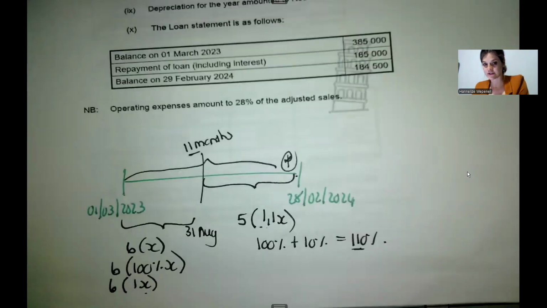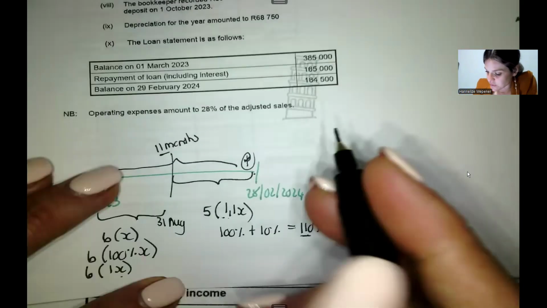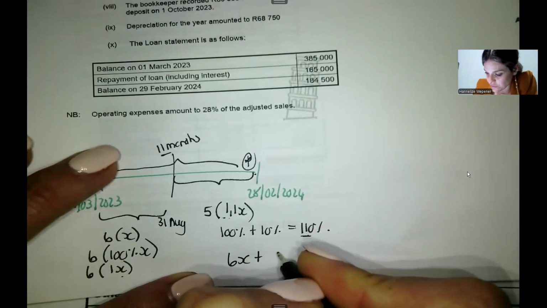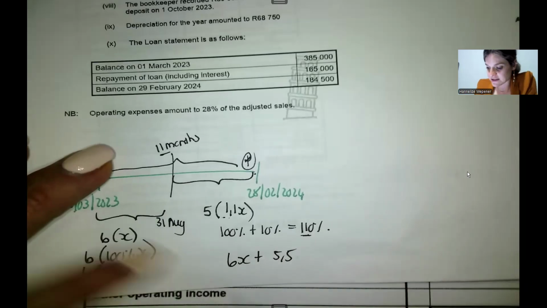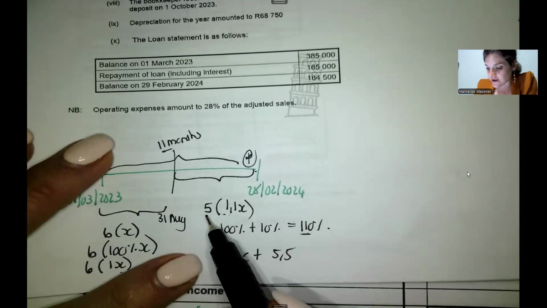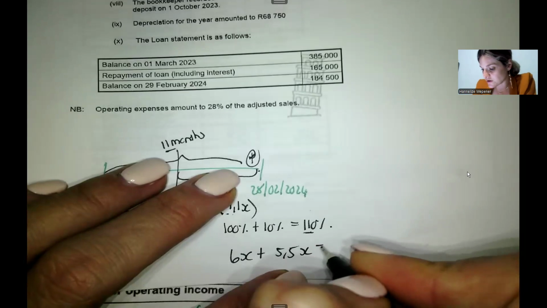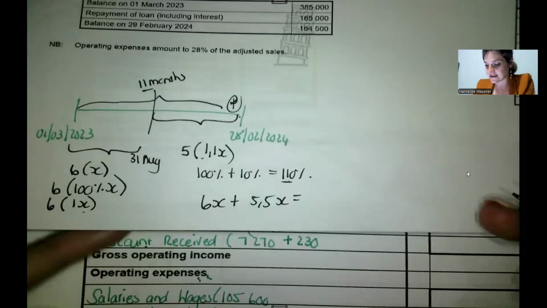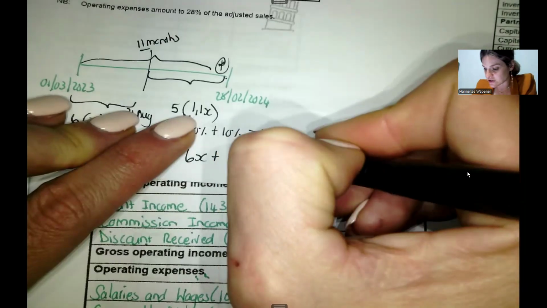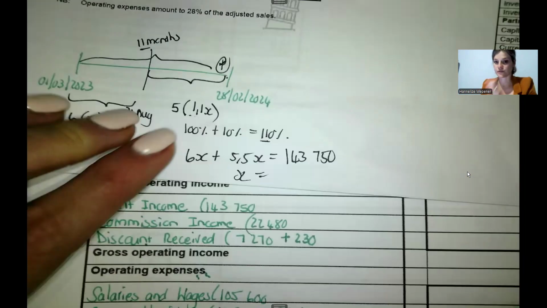So you're going to say here that you have your 6X plus your 5,5x, because 6 times 1 is 6, so 6x. 5 times 1,1 is 5,5x. All of that added up to the rent income as per your pre-adjustment trial balance, 143,750.